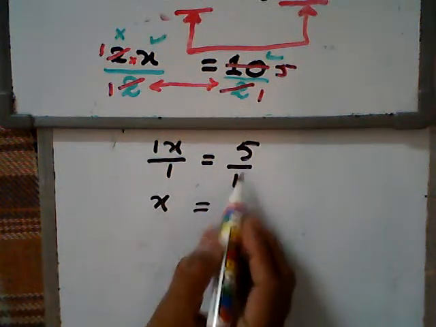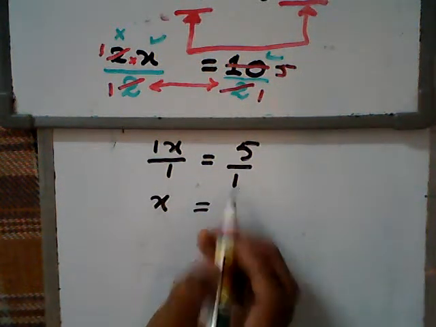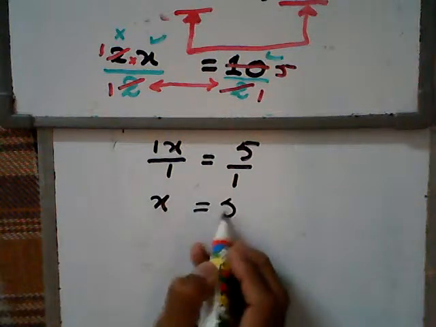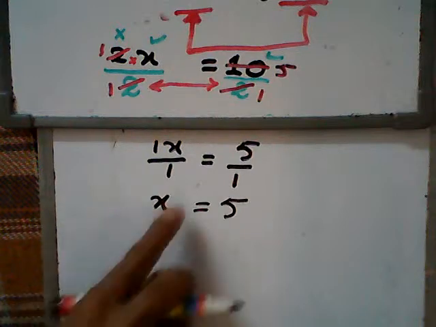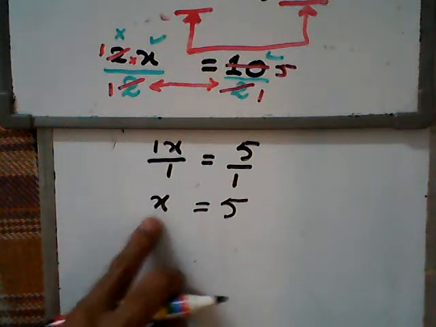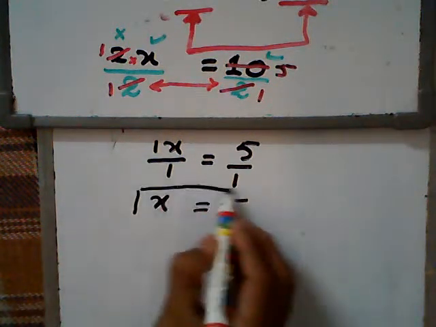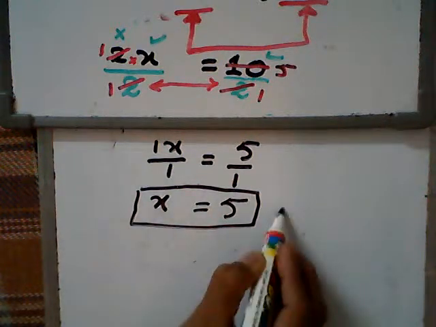Here also the denominator is 1, so we don't need to write it, so now this is 5. So the variable without any number and without any power gives us the last answer, so this is your answer.